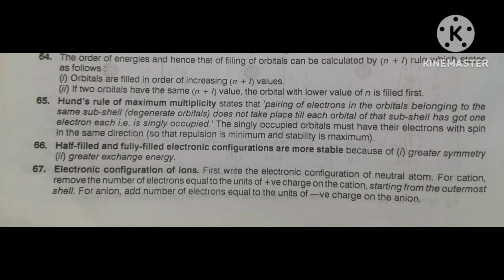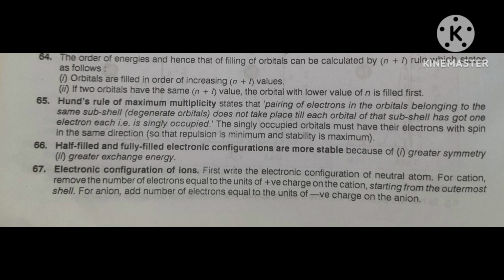One will fill in all, and after that pairing will start from the beginning. I think you have understood. And f also has 7 orbitals, so one will fill in all 7, after that pairing will start. This is actually called Hund's rule of maximum multiplicity.